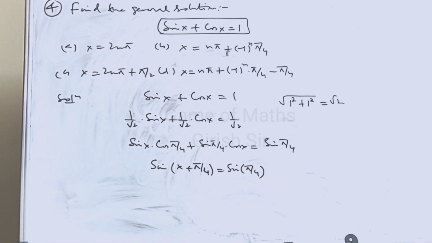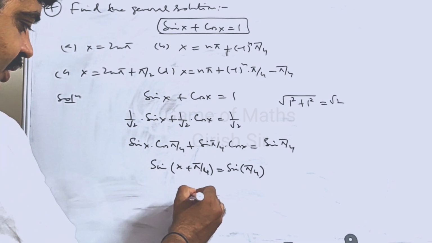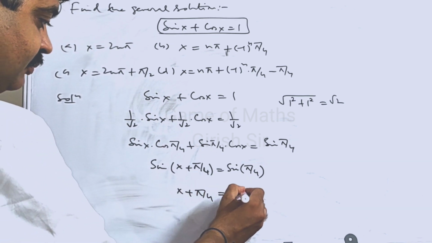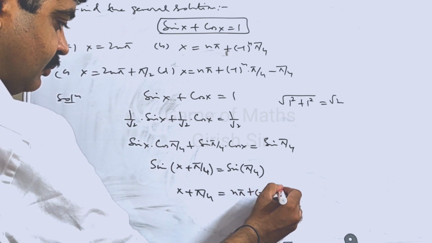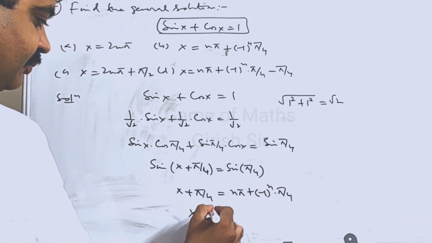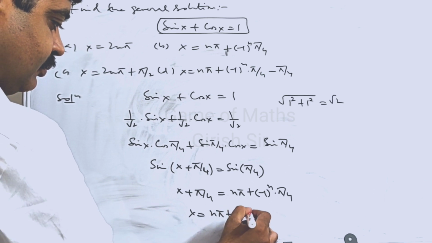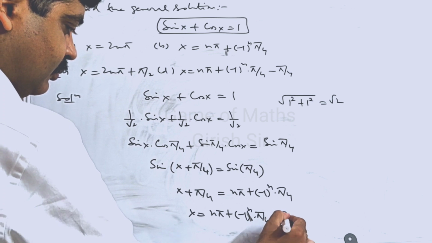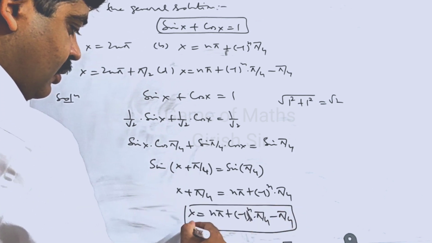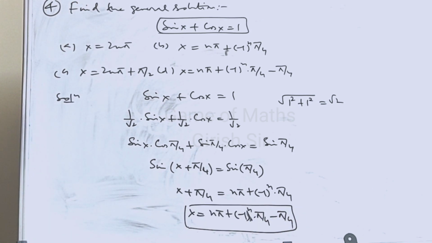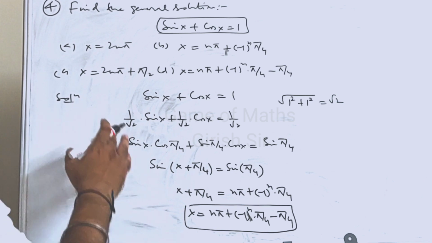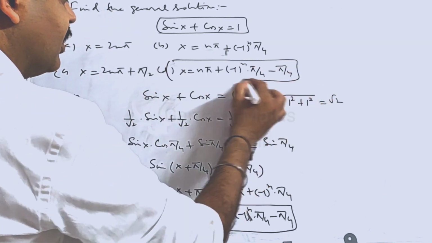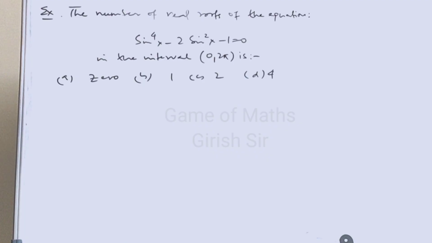Now if you know the general equation sin x equal to sin alpha and its solution, you can write this as, which will give me this result. This is the general solution for the given equation, and if you see the options, option D seems to be the correct answer.